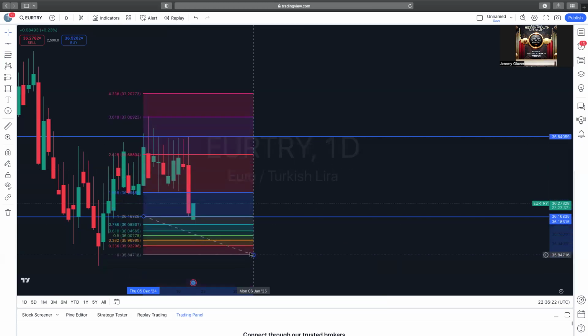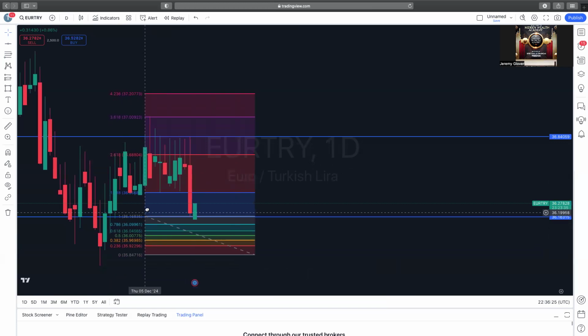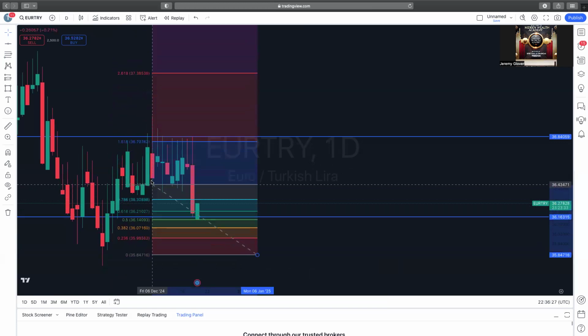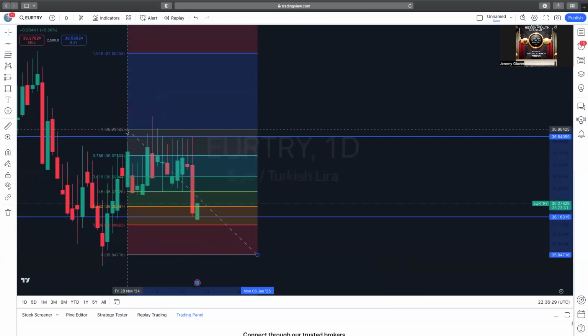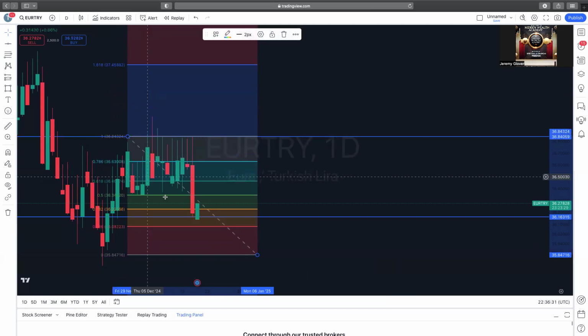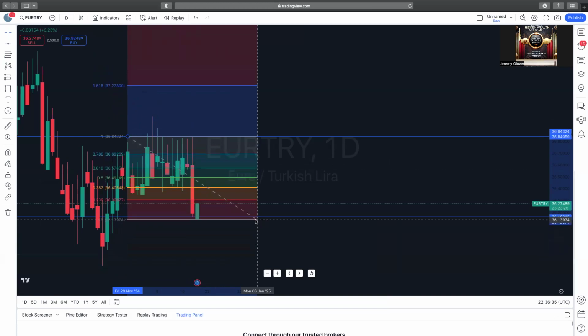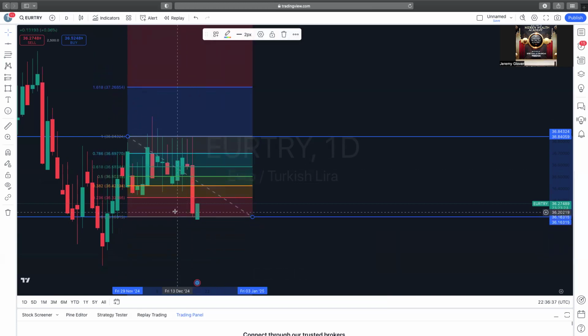No. So switch it. If you're looking for it to bounce off a sell, you want to actually do it like this. You want to make sure that your 0.23 is closest to price.